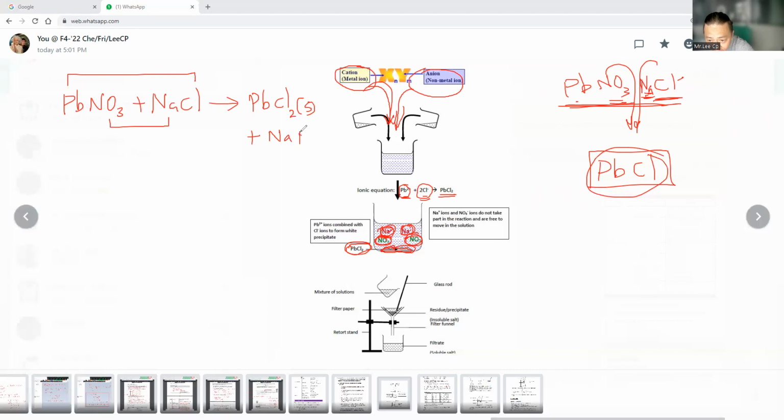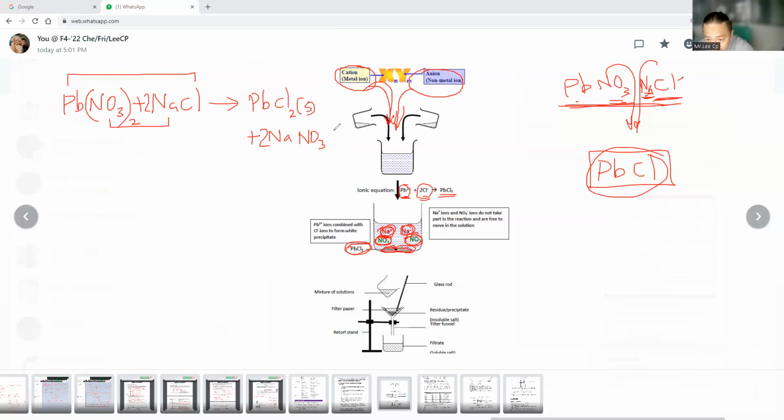NO3 is minus, Na is plus. Cl got 2, so I need to write 2NaCl. Pb is 2 plus, NO3 is minus, so Pb(NO3)2. So now this is our equation.